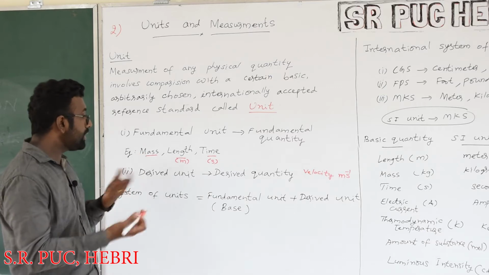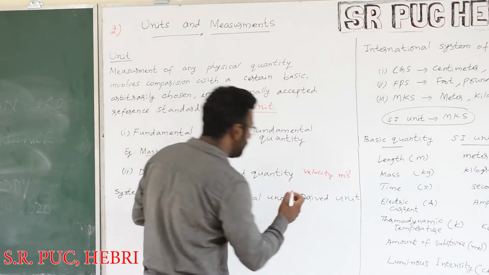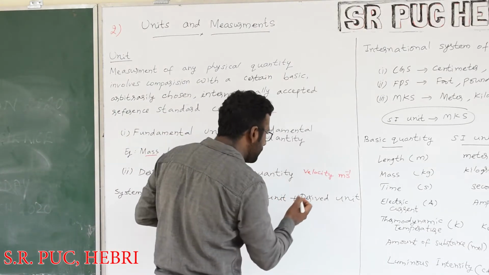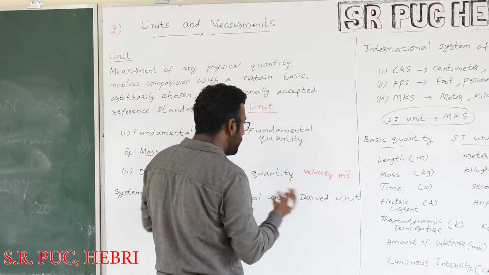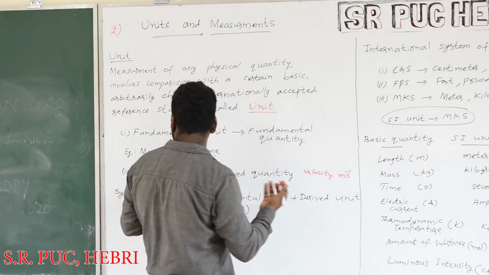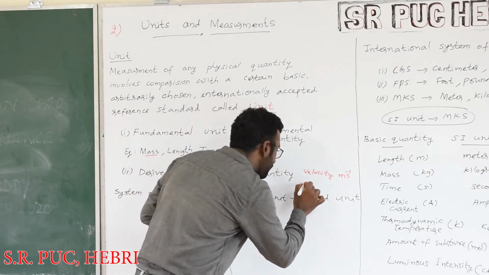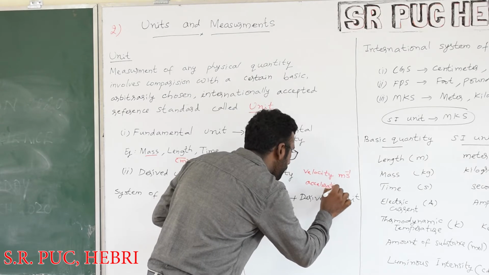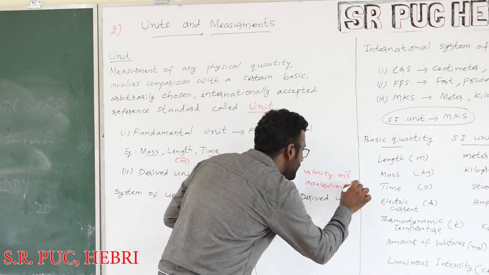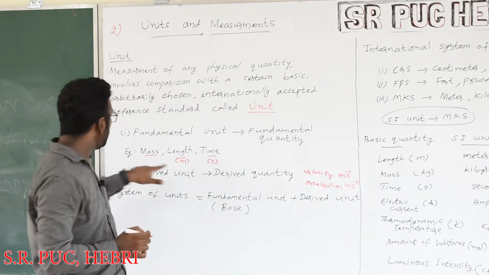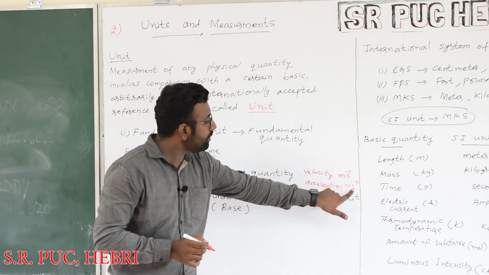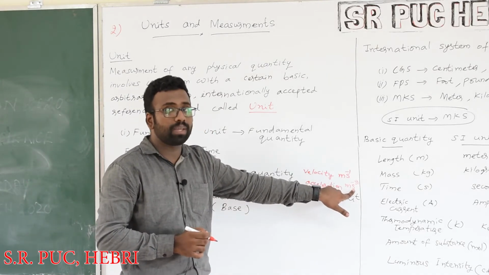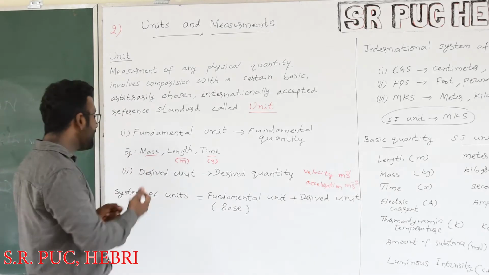I'll give one more example so that it will be easy for you: acceleration, if I write. It is meter per second square. You see here, meter comes with the square of time, correct? So this is what we understand.